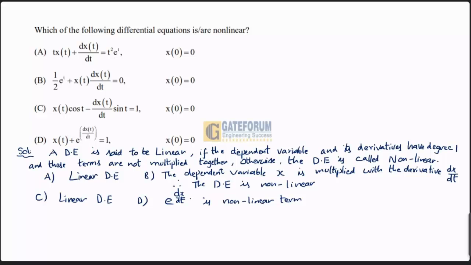So the derivative has different powers. Continuously, all the powers keep appearing, we cannot define a single degree. So this is a non-linear term. Therefore, the differential equation is non-linear. DE is non-linear.